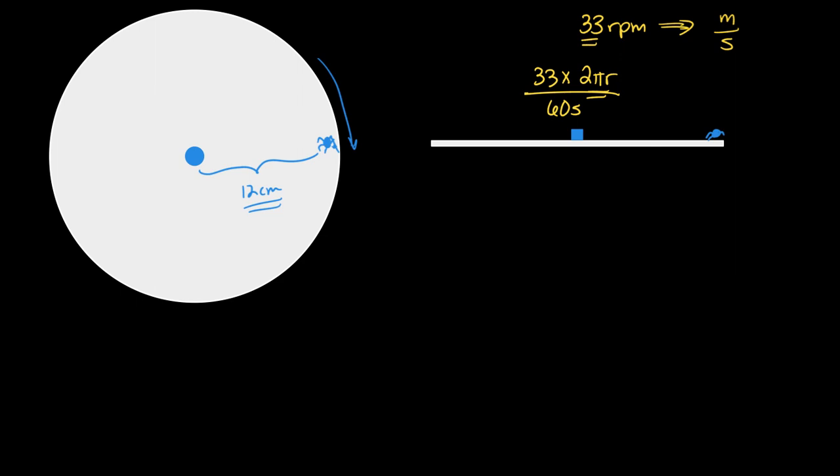RPM to meters per second. There are other ways to convert this. I'm just throwing down one that I think is simple enough for most of you to understand. And this is going to give you your value in meters per second.